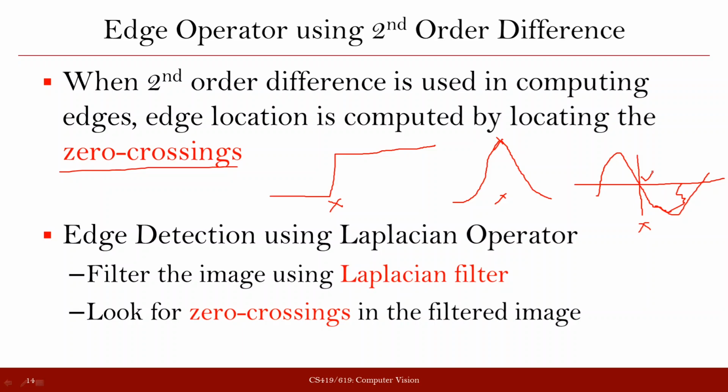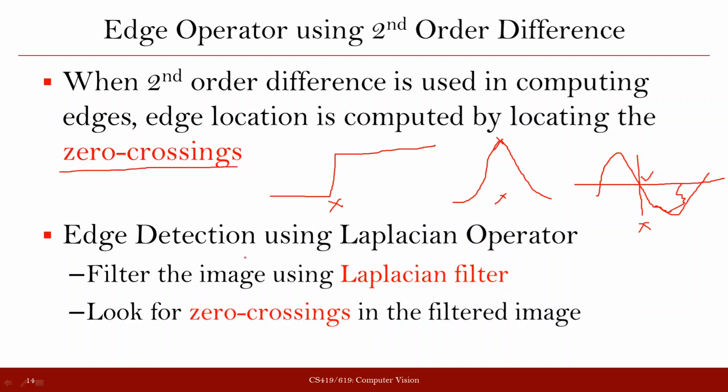So if we are using the second order derivative or Laplacian operator for edge detection, after applying the operator on the image, we have to look for the places where we have 0 crossings, or in other words, the pixels where we have 0 value in the filtered image.